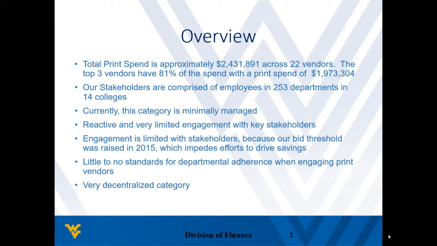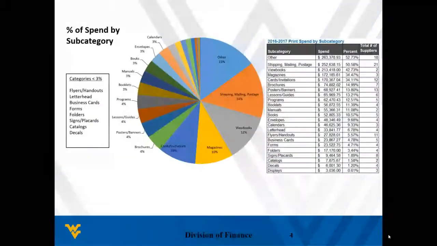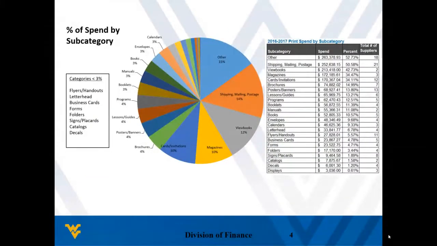And basically told the story of how the print category looks today. But then she jumped in and really showed graphically what this looks like. We didn't know, for instance, who Sharon would be bringing to the meeting, so we decided to show both a chart that pops and the data behind it.